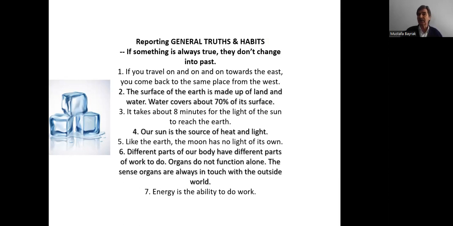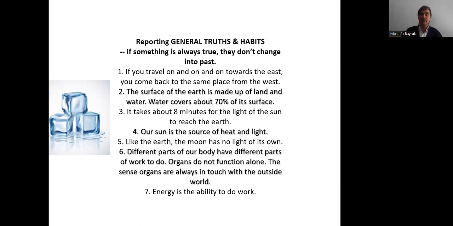Because this is a scientific fact, we don't change it into simple past tense when reporting it. 4, our sun is the source of heat and light. 5, like the earth, the moon has no light of its own. Yes. Different parts of our body have different work to do. Organs do not function alone. The sense organs are always in touch with the outside world. Energy is the ability to do work.